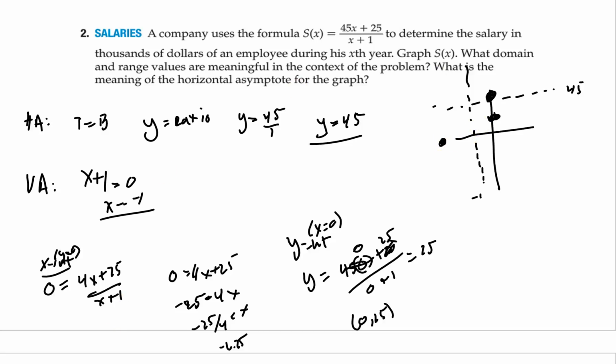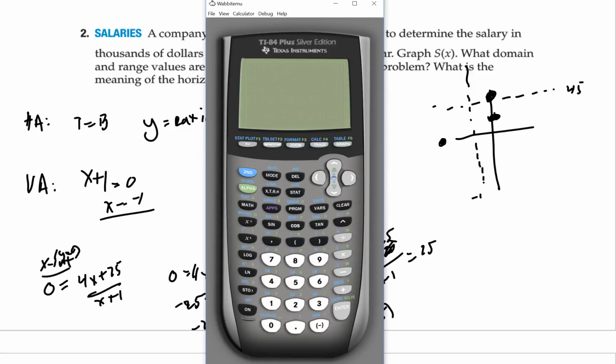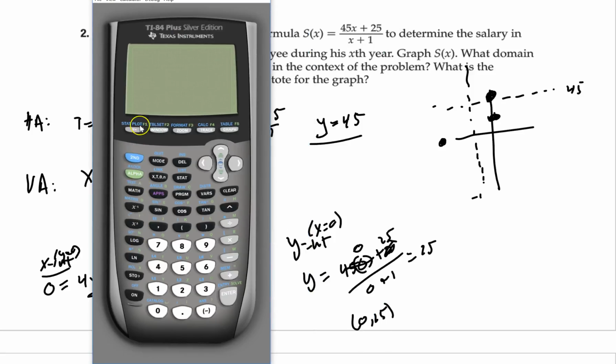So, as always, let's graph this on the calculator. Turn it on. Y equals 45x plus 25 over x plus 1.